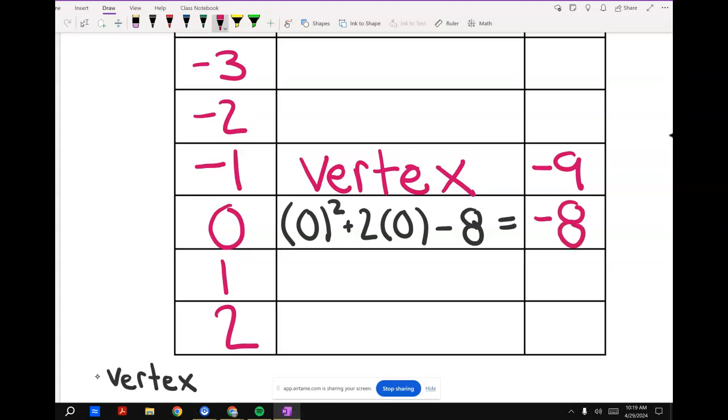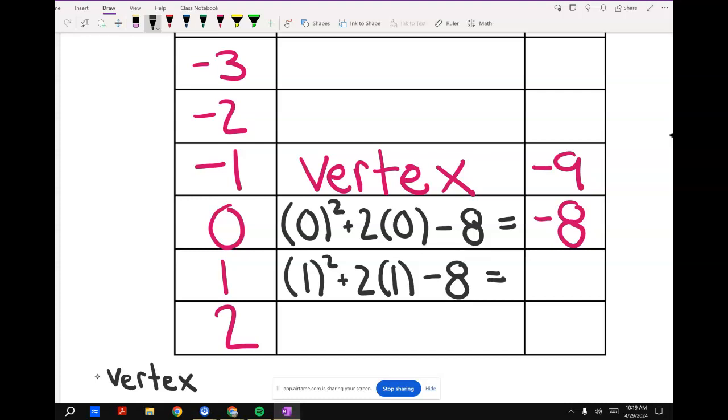All right, we have another point that we can graph. We'll just go down to the next one. We'll do 1 squared plus 2 times 1 minus 8, and we'll evaluate that. Again, if you have one of the fancy scientific calculators, you could type this just like this into your calculator.